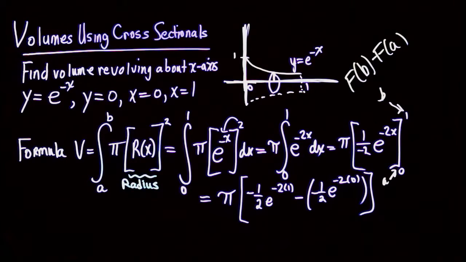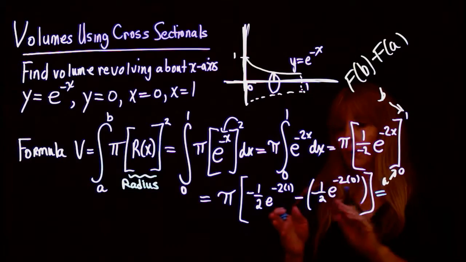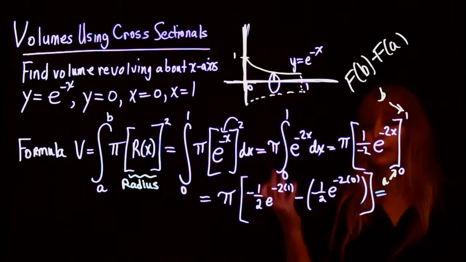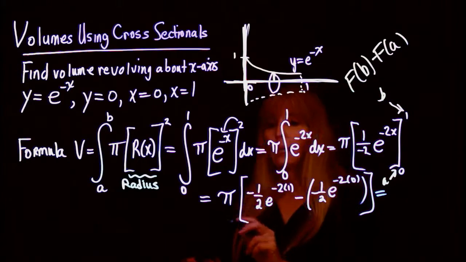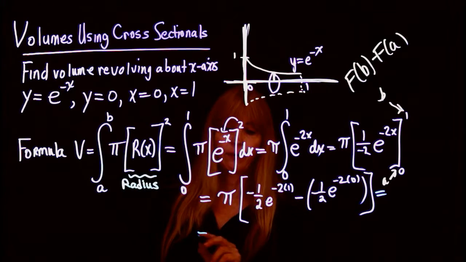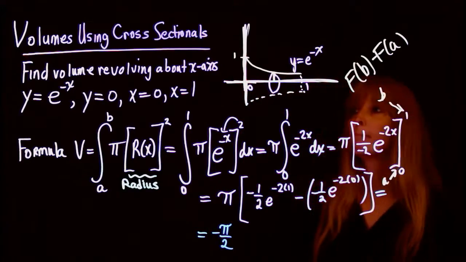So going over here, I'm going to grab a color. And so from here, I could actually pull out a negative 1/2 if I wanted to. I can do whatever I want at this point, or I can just throw it in a calculator. So if I factor out a negative 1/2, this becomes negative pi over 2.